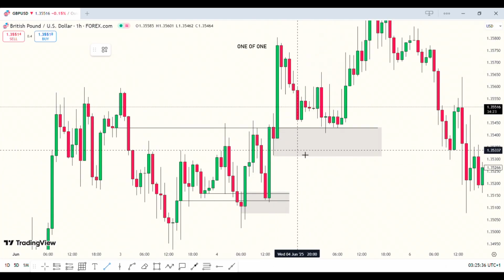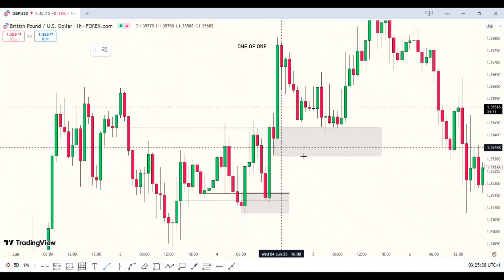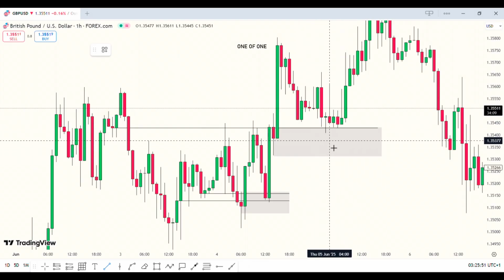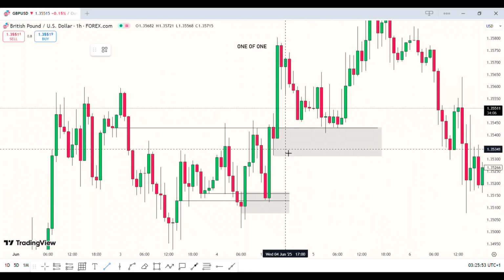Again, I don't take extreme valid single price POIs. I just take the ones that fall within the top side, maybe 0% to 50% of that zone.